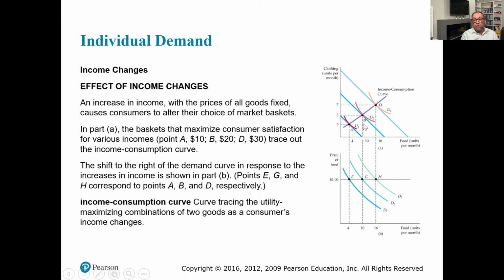Now what is this reflecting? When we plot a demand curve with the help of this graph, we get a demand curve that is shifting from one point to another. We already know from chapter 3 that an increase in income shifts the demand curve to the right, or a decrease shifts it to the left, but it's not a movement along the curve.